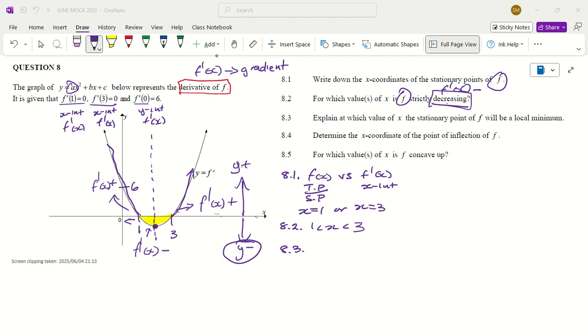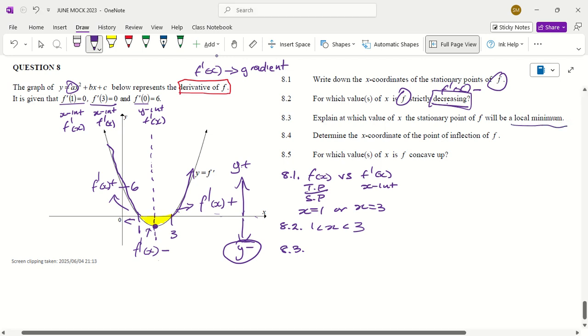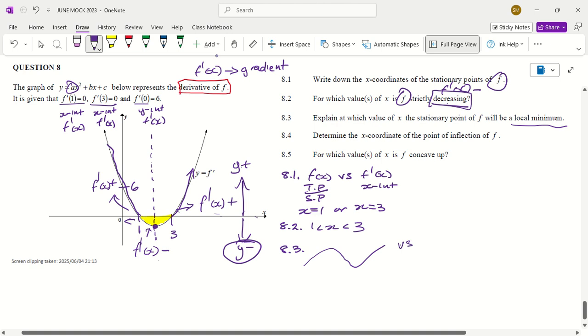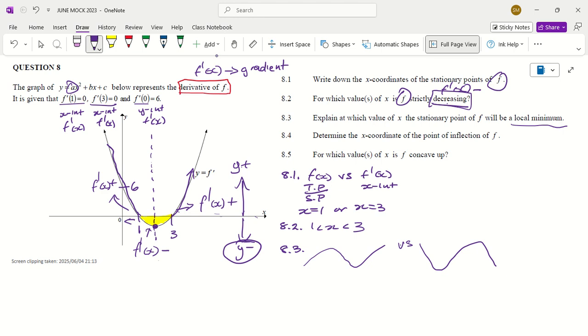is a local minimum or a local maximum, we need to find out whether a function starts by increasing or starts by decreasing. And you can see that between the stationary points, these are the stationary points, the function starts by increasing.